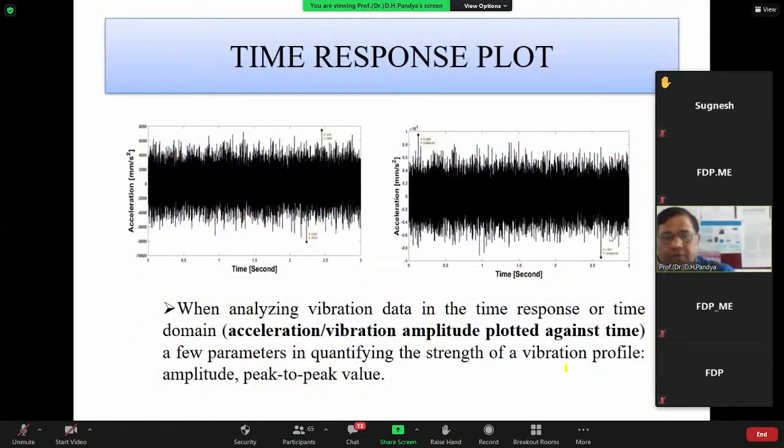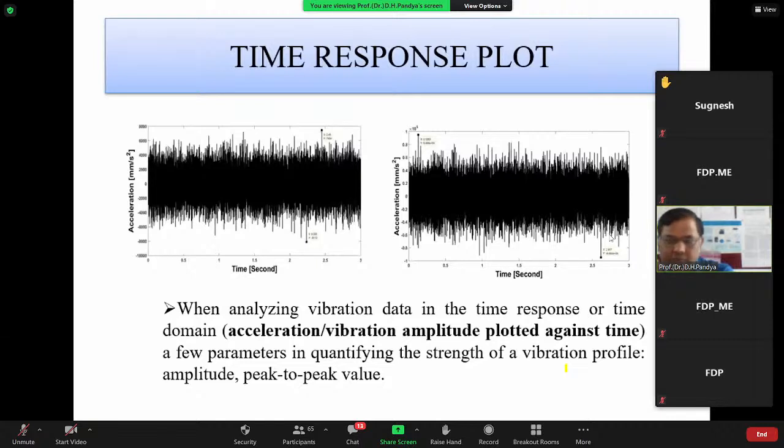Now the time response plot that I discussed in the simulation, experimentally we also collected all that. From that data, we processed and analyzed the system with the time response plot. From the time response plot, we get the acceleration and vibration amplitude plotted against time. We measure the peak to peak value as the amplitude.